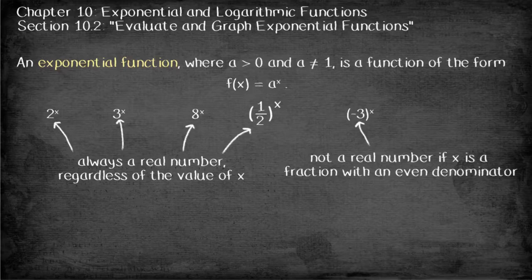So it's not necessarily the case that if you have the quantity -3 raised to the x power, you get a real number. That makes it really hard to graph because there are lots of rational numbers that fit this description. So we just do away with this business and stipulate that the number that we're raising to the x power has to be positive.